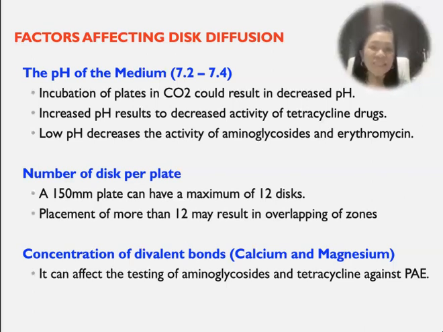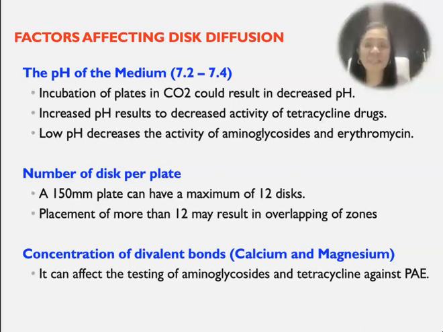And then pag acidic din naman, okay, ang acidic na pH would affect other antibiotics like aminoglycosides and erythromycin. Okay? So dapat 7.2 to 7.4. Okay? Wag maglagay ng maraming carbon dioxide as it tends to make your agar acidic. At pag acidic, hindi maganda for your aminoglycosides and erythromycin. Okay? Pag alkaline masyado, hindi rin maganda para sa tetracyclines mo.